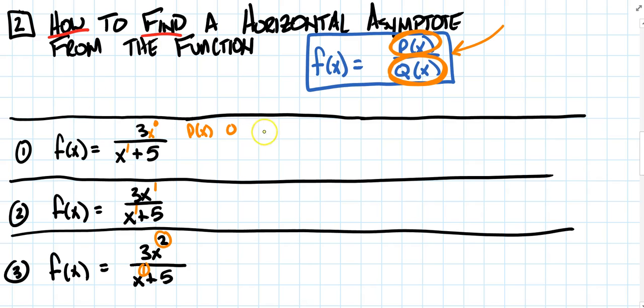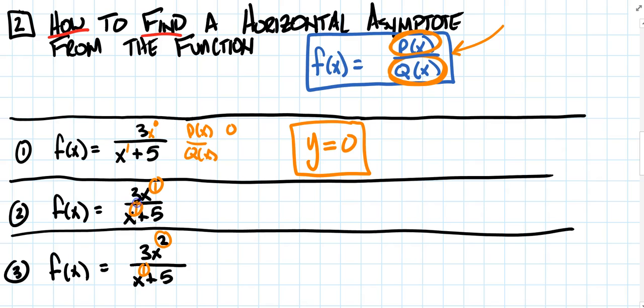In example 1, if the degree of p of x is smaller than the degree of q of x, then you are guaranteed that the line y equals 0 is the horizontal asymptote. What about if they're equal?